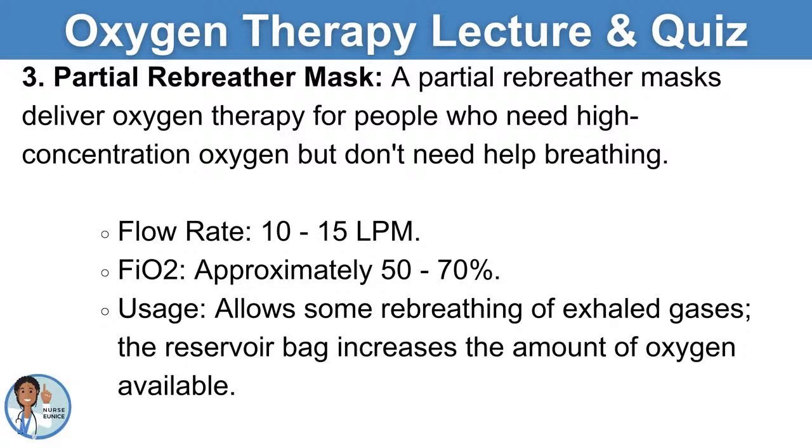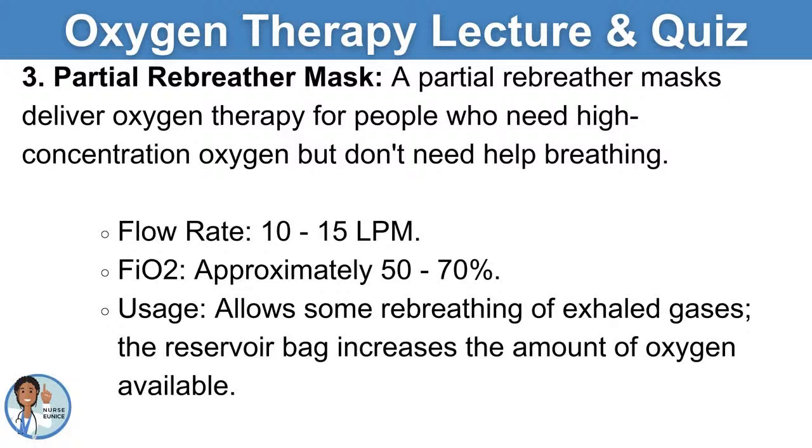The partial rebreather mask. A partial rebreather mask delivers oxygen therapy for people who need higher concentrations of oxygen, but don't need help breathing. In other words, they can take breaths in and out. They just need a higher concentration of oxygen when they do take those breaths in. The flow rate for this is going to be 10 to 15 liters per minute.